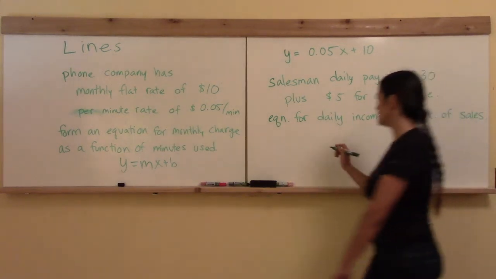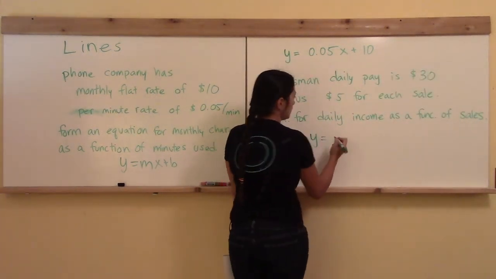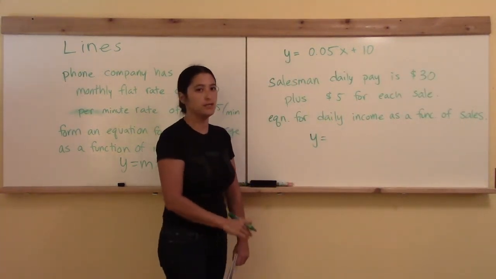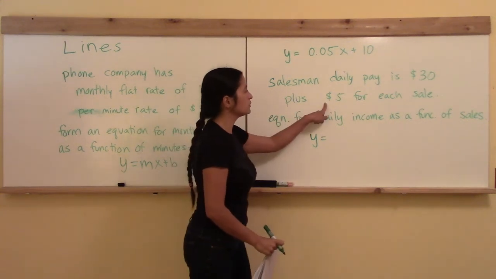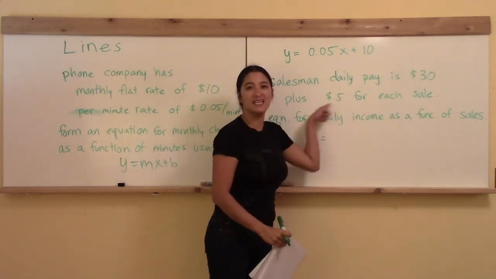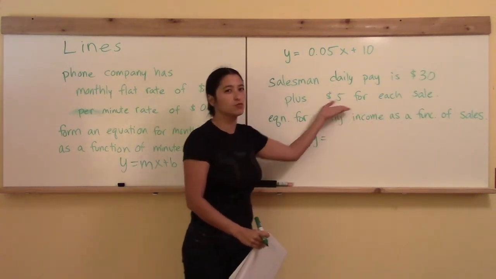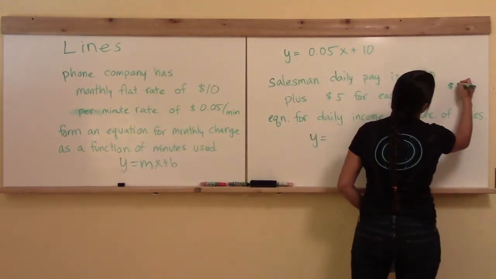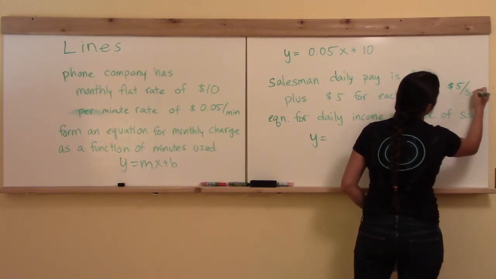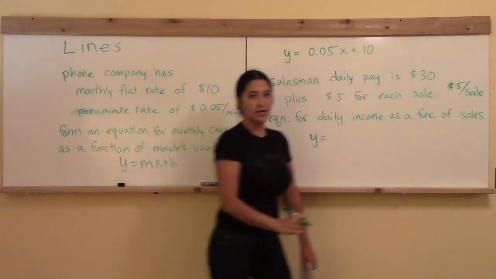Okay, so the answer there is, again, we have to recognize what's the m and what's the b. And you can see here the m should have some sort of fractional rate, dollars for each sale. So it's hidden here. I didn't say per. I didn't write the fraction, but really, if I did want to write it as a fraction, $5 per sale. Okay?